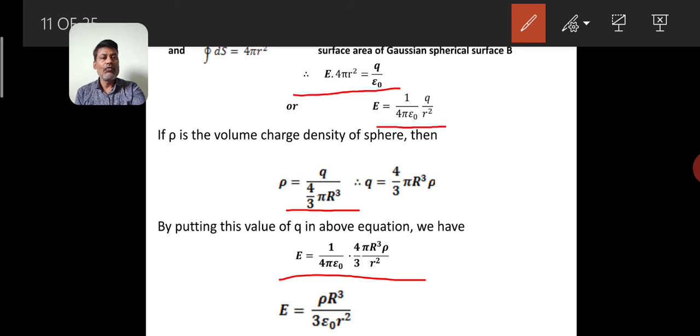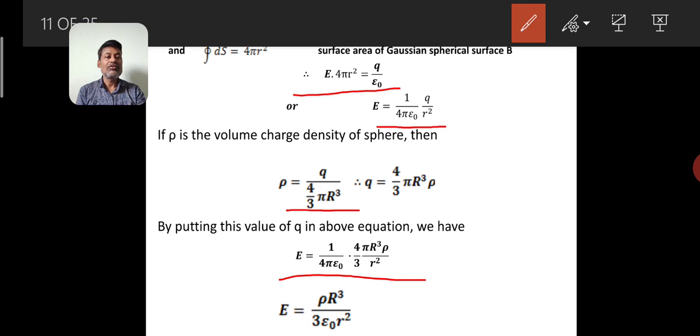Now the 4 pi gets cancelled, and only rho R cube divided by 3 epsilon 0 small r square remains, where capital R is the radius of our considered sphere, and small r is the radius of the Gaussian surface. Remember that. And rho is the volume charge density.